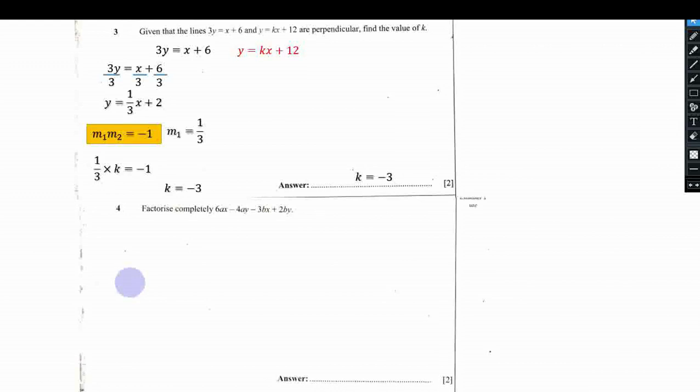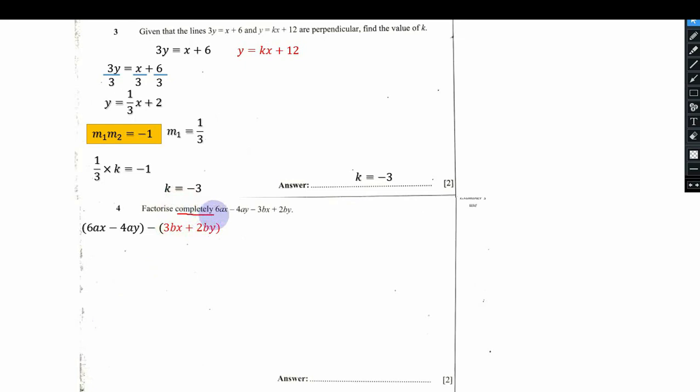That is the factorization we are going to use. So let us group the like terms together. Now in this case, we'll just group them as they are. Now remember, these are not like terms. That is why they've used the word completely.